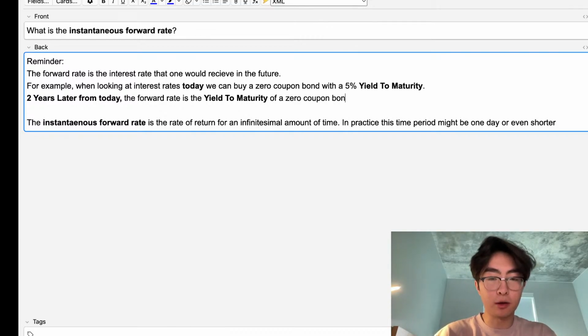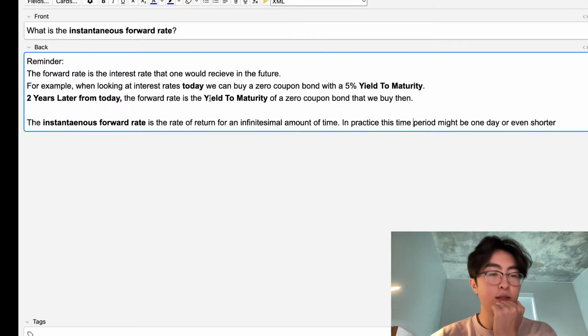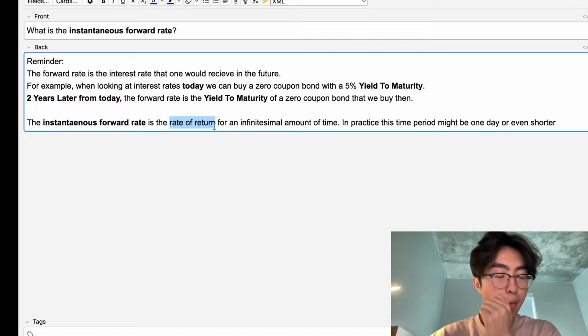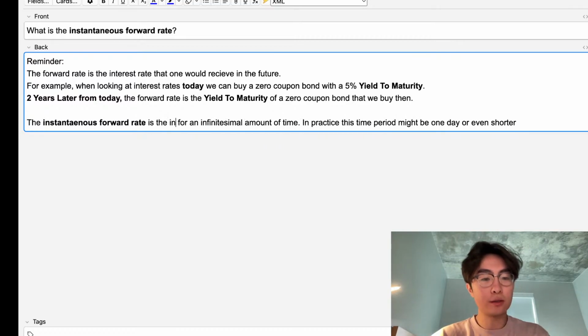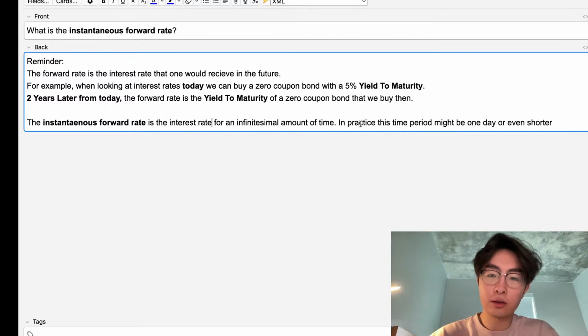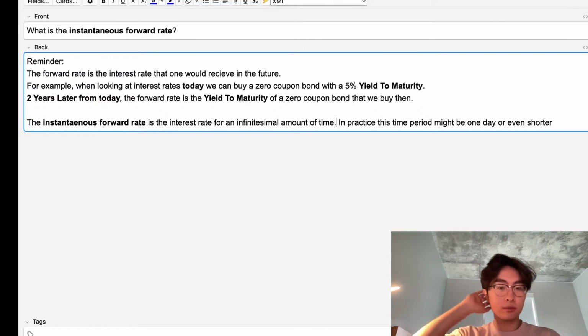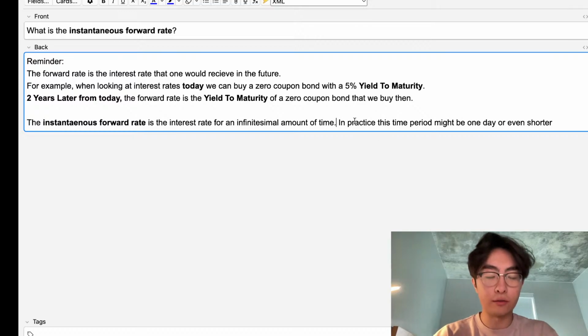Zero coupon bond that we buy. The instantaneous forward rate is the rate of return. I feel like rate of return is interest rates for just rate for an infinite small amount of time.